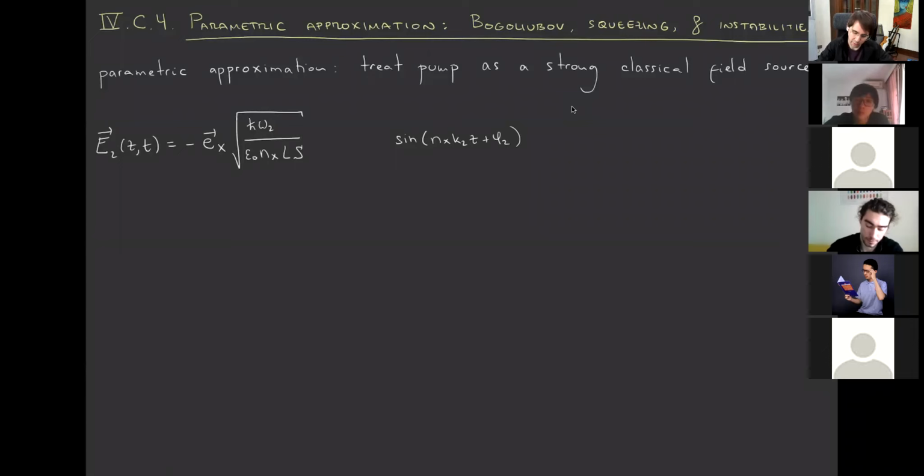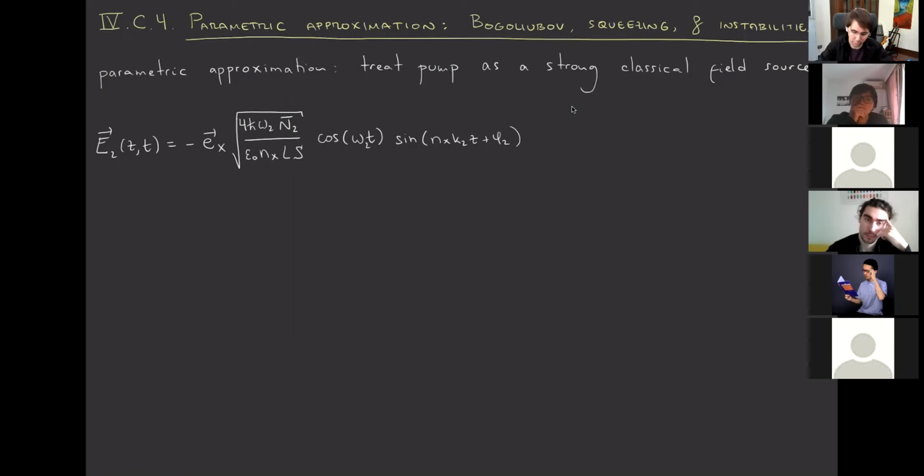So this is the mode profile that we wrote. And now in a quantum situation, we would have the annihilation and creation operators. But for a classical field, what we will have is just the oscillations in time. Okay. And then we will have an amplitude that is parametrized by the number of photons, or the square root of the number of photons at that frequency, but these are classical photons.